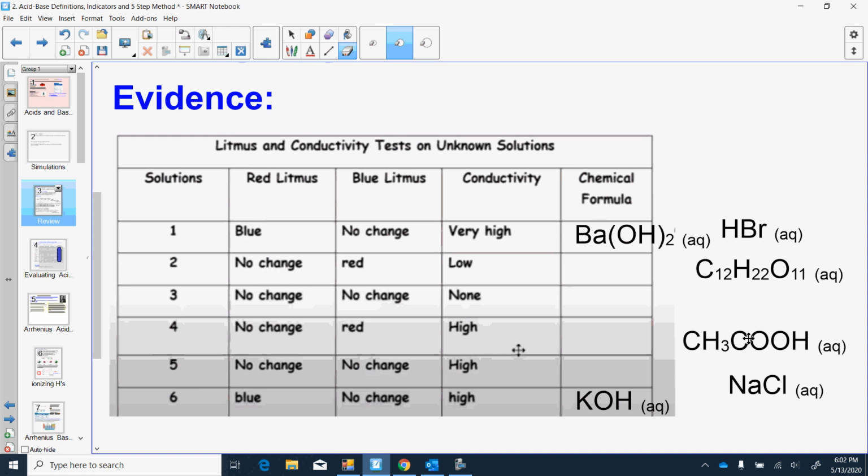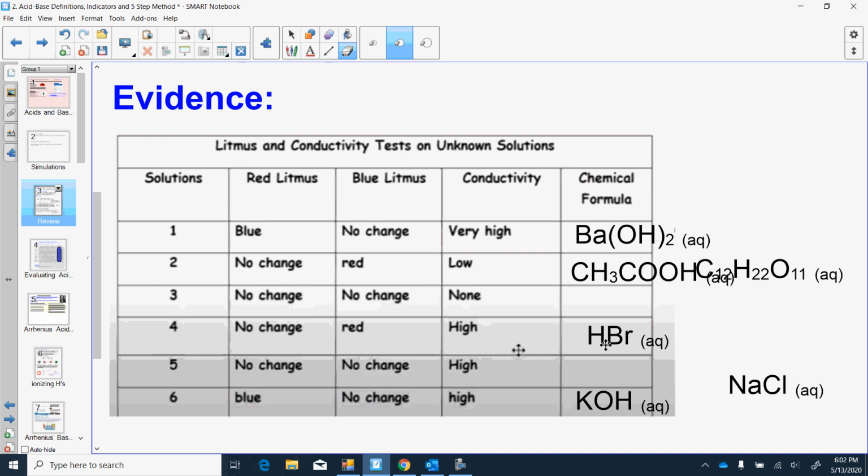The weak acids, and this acetic acid is weak, only have a slight ionization. So it will create charged particles, but it doesn't create a lot of them. So this guy goes here, has low conductivity because it's not a strong acid, it's a weak acid. The weaker the acid, the weaker the conductivity.